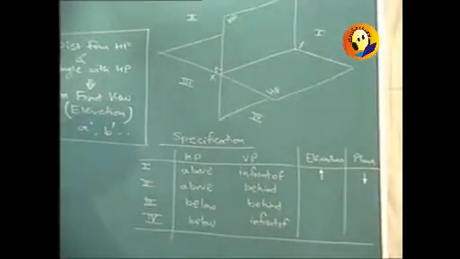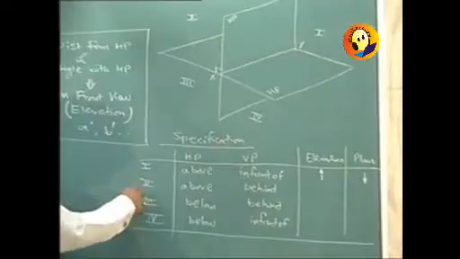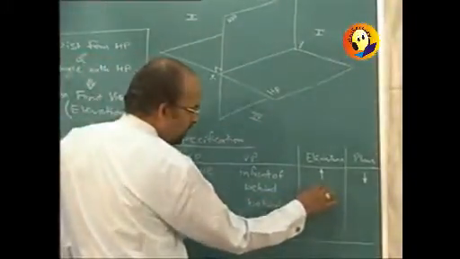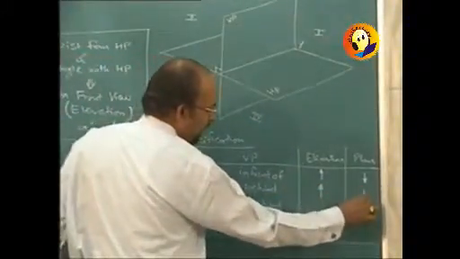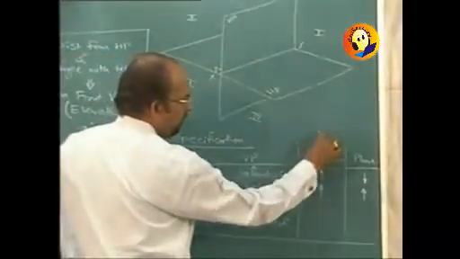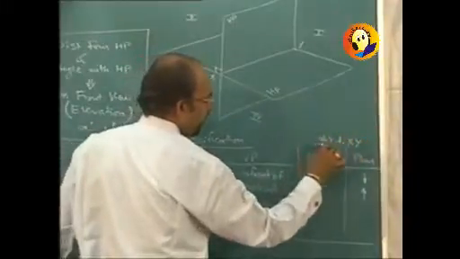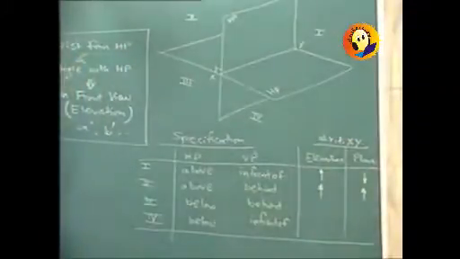When you consider the second quadrant, that is above HP and behind VP, elevation will be above the XY line, whereas plan will also move above the XY line. So this is going to be with respect to the XY line. What will be the position of elevation and plan?